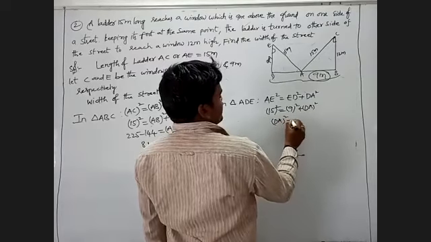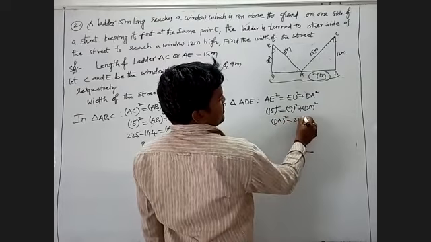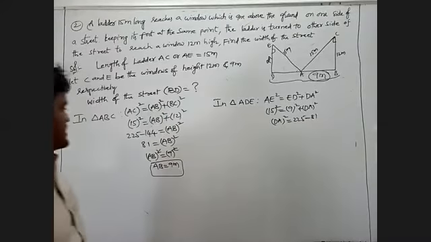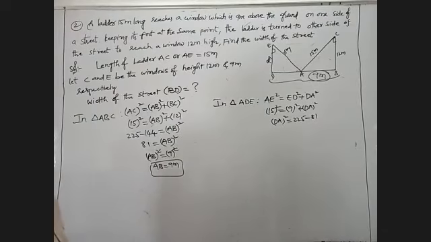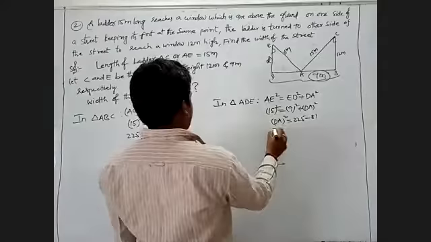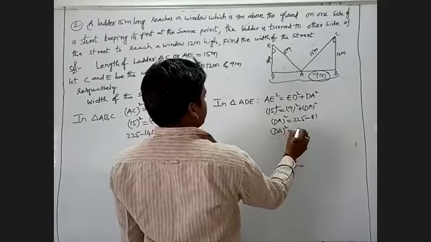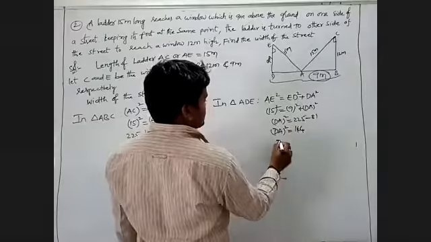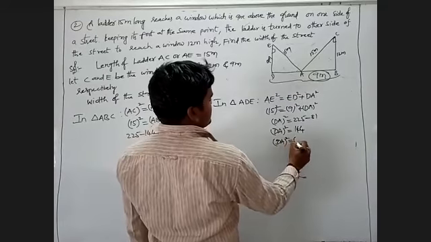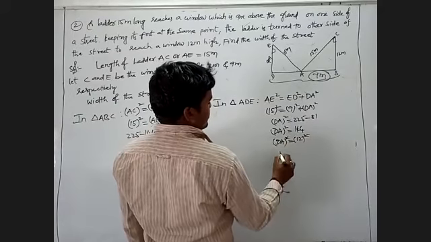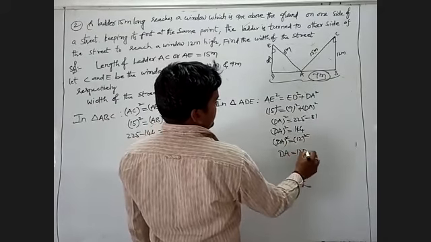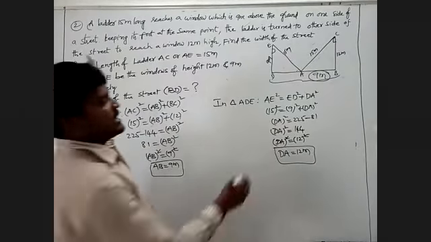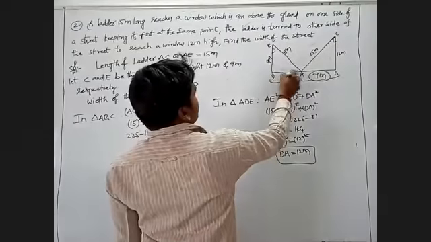DA square is nothing but 15 square is 225 minus 9 square is 81. 225 minus 81 is nothing but 144. 144 is the square of 12, I will write 12 whole square. Then square and square will be cancelled. Where DA is nothing but 12 meters. The distance DA is 12 meters.